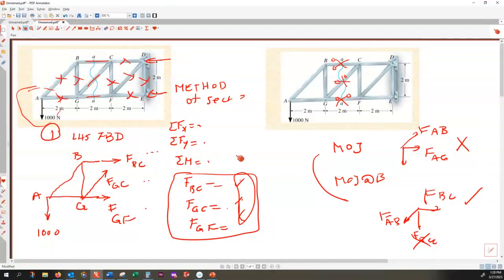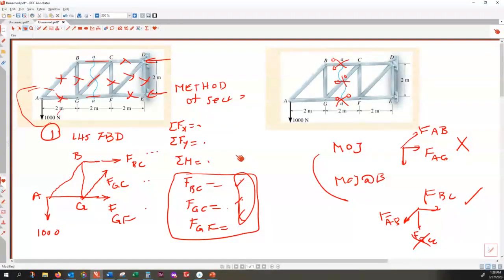So, okay, now you appreciate the advantage of using method of section. I'm not saying that method of section is always better than method of joint. In some cases, maybe it is, like this one. It depends on the problem. It depends what you are after. If you want to find all individual forces, yes.